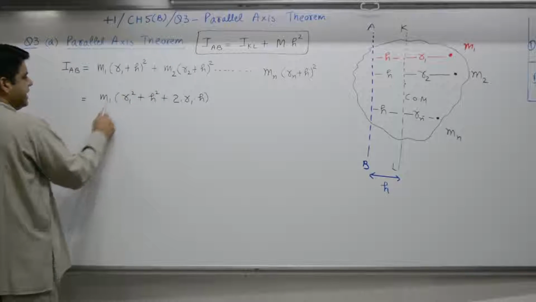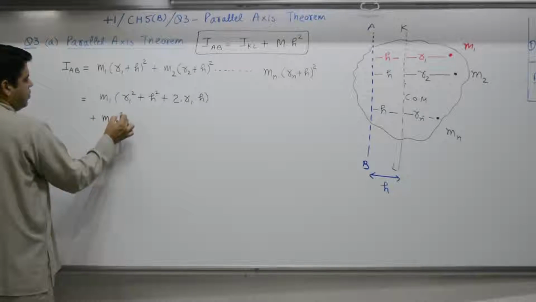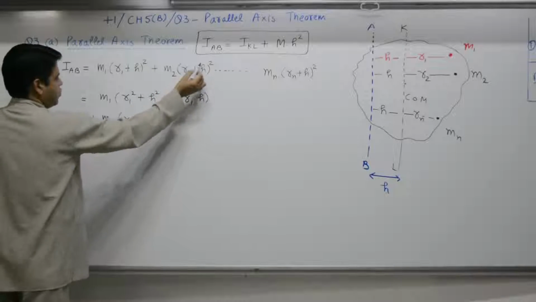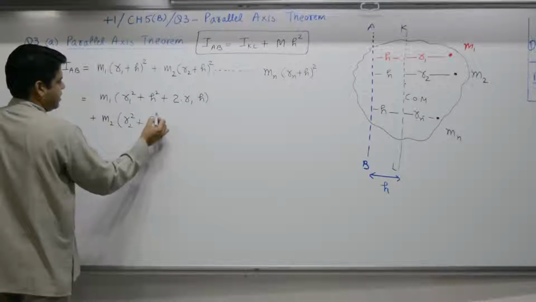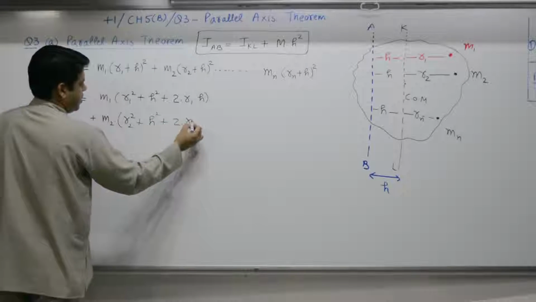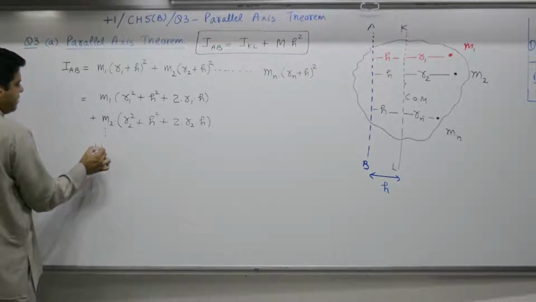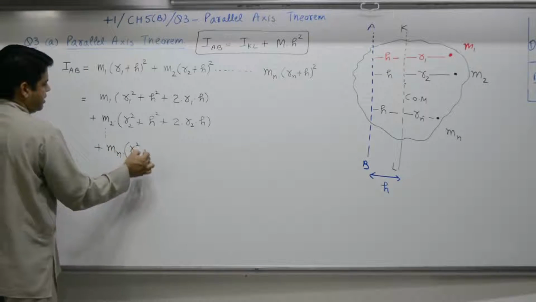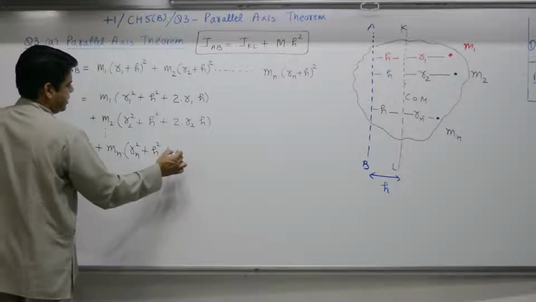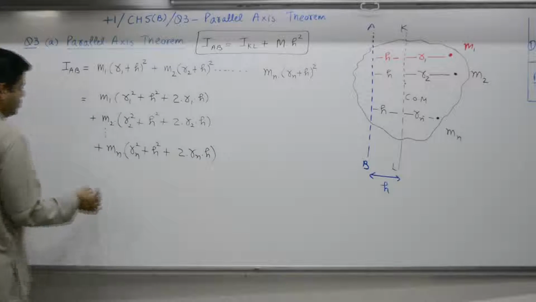Second one, I will write exactly below this, m2 (r2 square plus h square plus 2 r2 h). For the nth particle, mn (rn square plus h square plus 2 rn h).